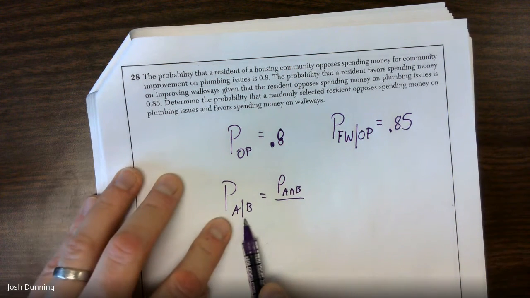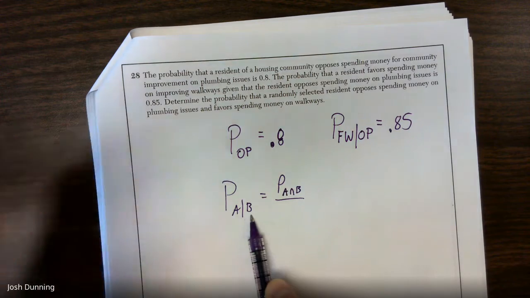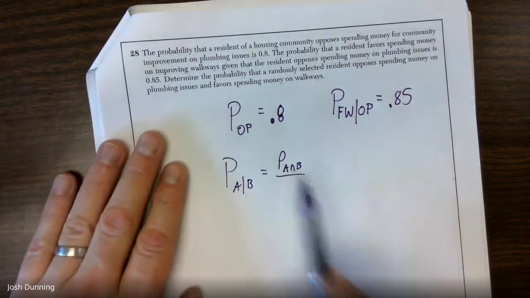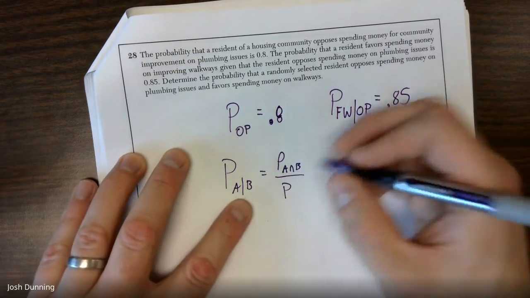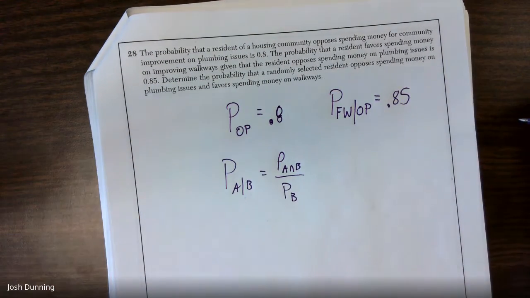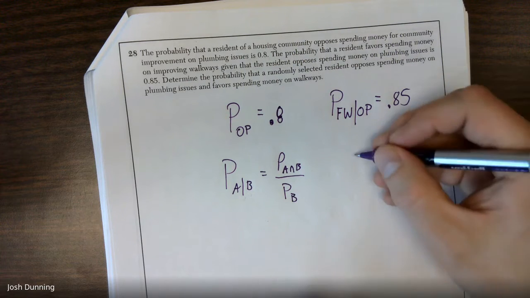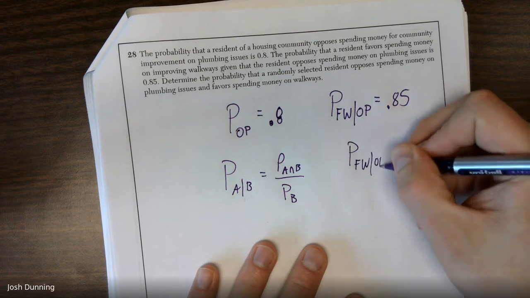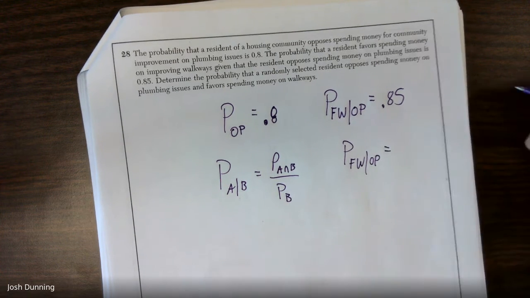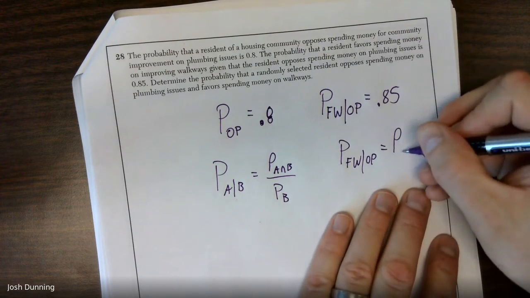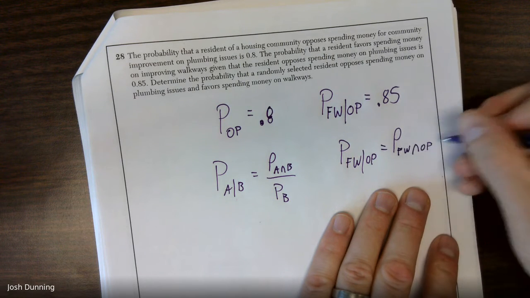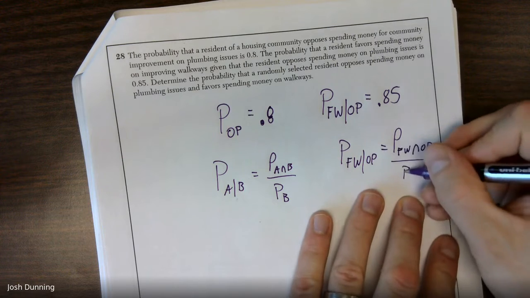Now, the conditional, the given, if you have to use a formula, if it's not a table question, is the and divided by the second one. So for our example, the probability that they favor walkways and oppose plumbing, all over the second one, oppose plumbing.